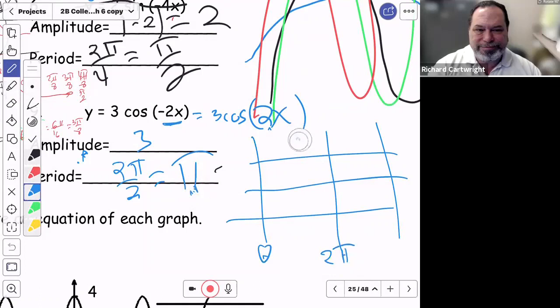That means it actually finishes in the middle, pi. So in pi, it's a cosine, so it starts here. I've got to do my tick marks. If I don't do my tick marks, I always get it wrong. Start here, come down, go up. There it is. Kind of weird. I don't have enough room. But then I have another one here. Another one there. See? 2 of them in the pi distance.